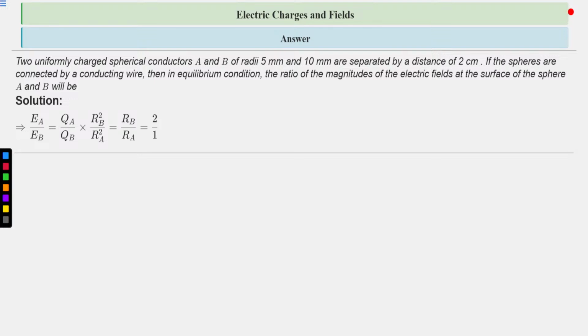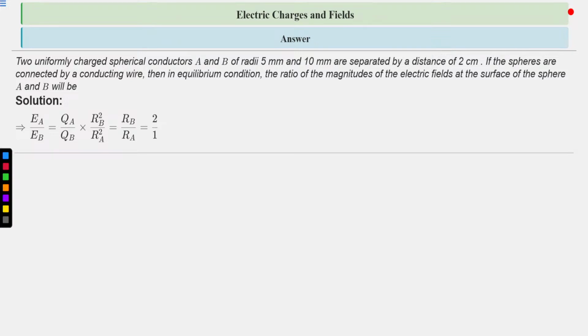We have done it before. We found the ratio QA upon QB is 1/2, and also RA upon RB is 1/2. So here QA upon QB is 1/2 and RB upon RA is 2/1.